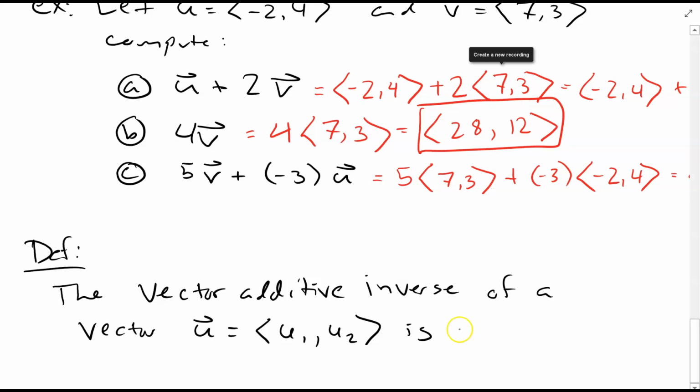Exactly right. So the notation we're going to give that is negative of vector u, which would just be negative u1, negative u2. Why did we need scalar multiplication to do this?